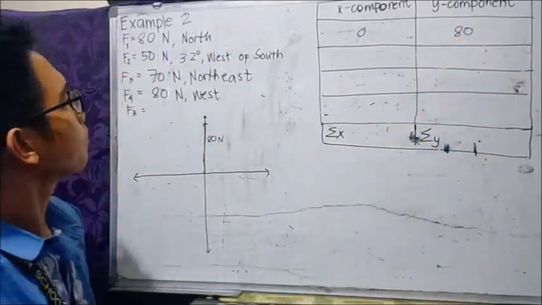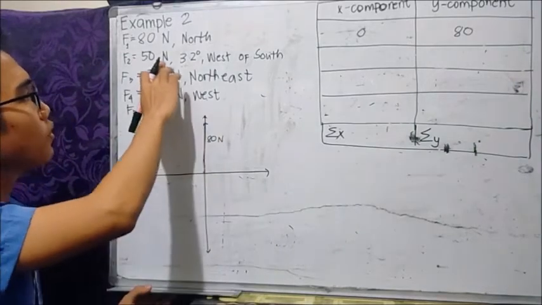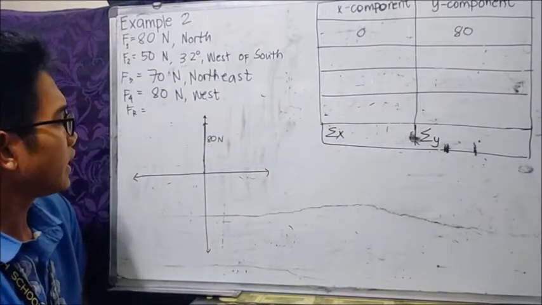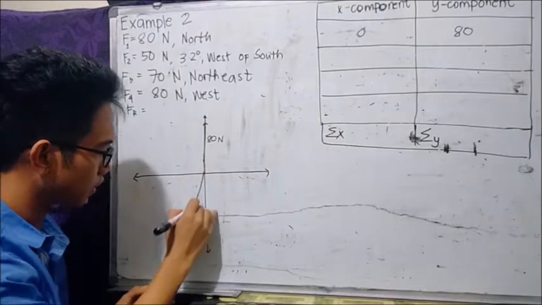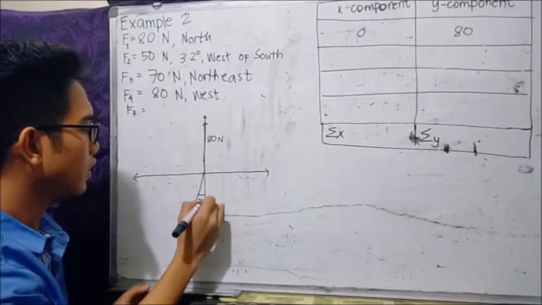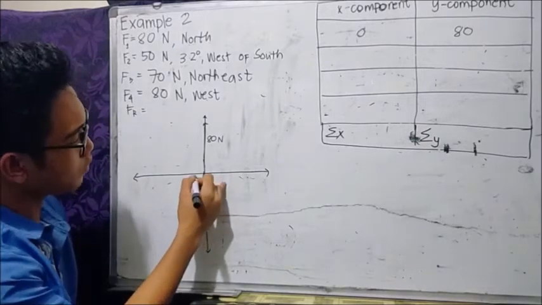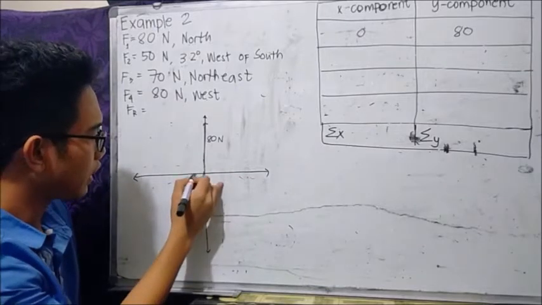Okay, next is your F2, that is 50 Newton 32 degrees west of south. West of south is on this quadrant, so that is 32 degrees. Now we cannot use this one because we need this angle.